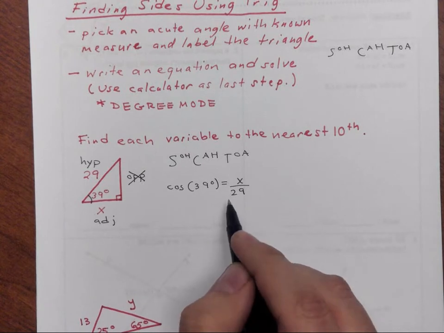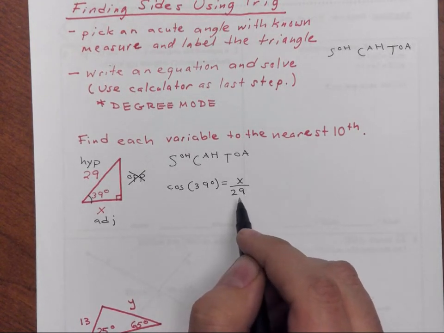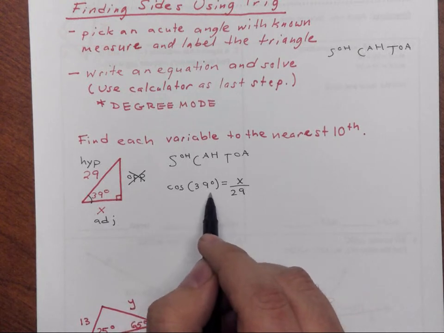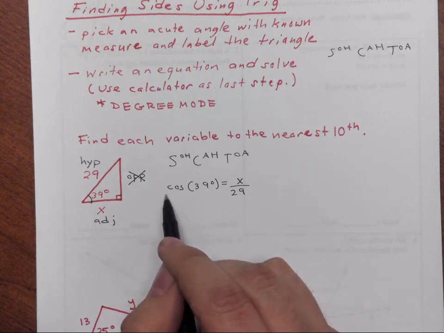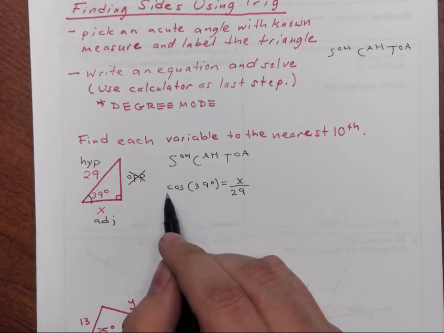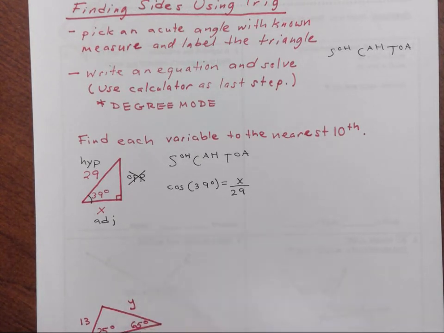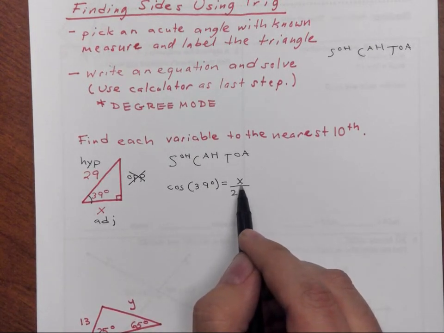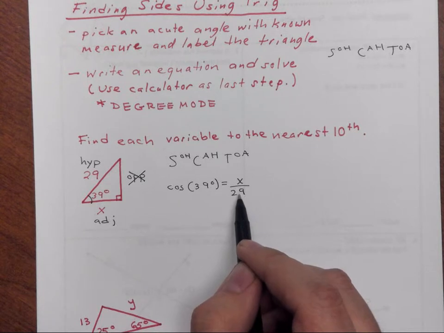Let's solve this. What I need to do is multiply both sides to get x by itself. Cosine of 39 degrees looks weird and ugly, but all it is, ultimately, is just a number. The cosine of 39 degrees is some number between 0 and 1. If I want to solve for x, what I need to do is get rid of the division by 29.